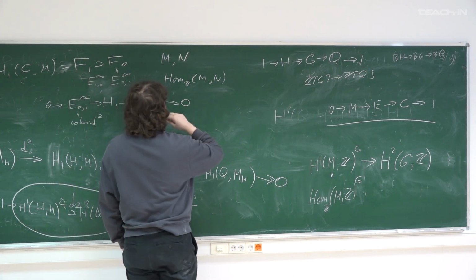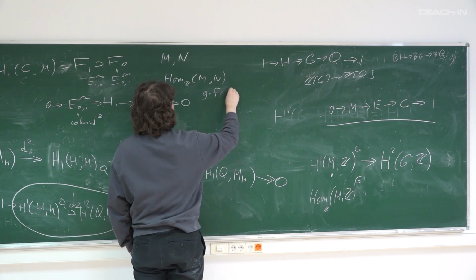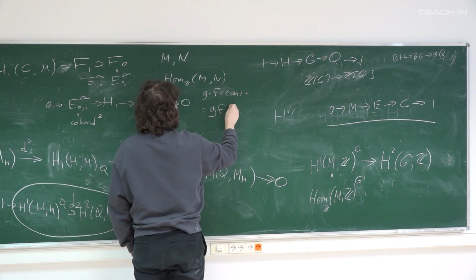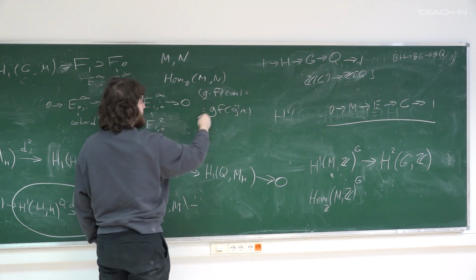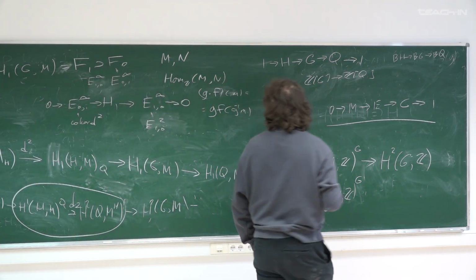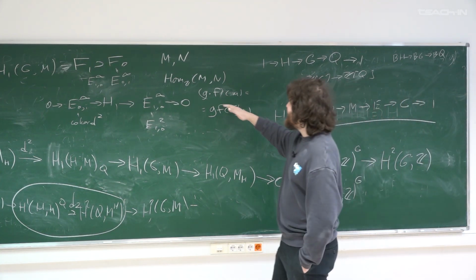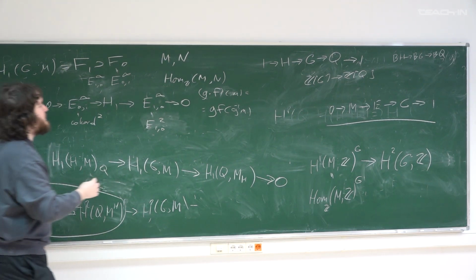You can consider the G action on F, on M, something like (g F)(m) = g F(g^-1 m), by conjugation. It's a left action on Hom, and invariance under this action is exactly the G-invariant maps. Yes, it's maps of G modules.